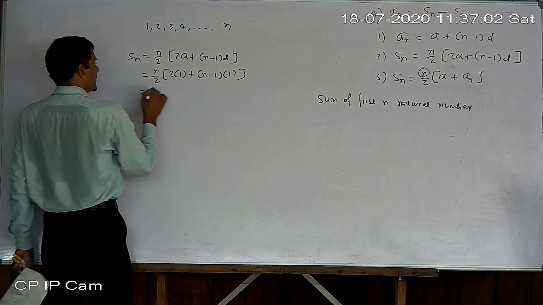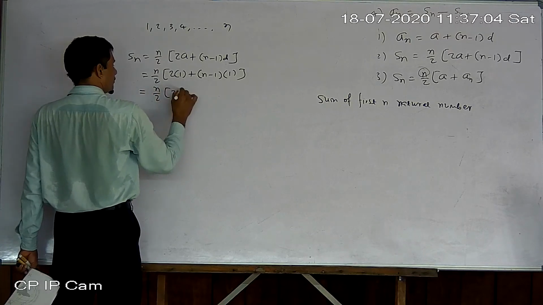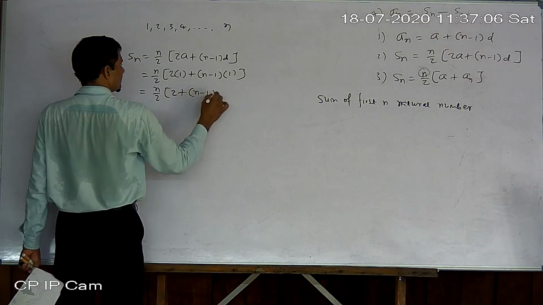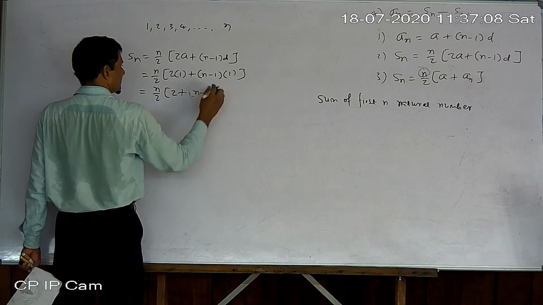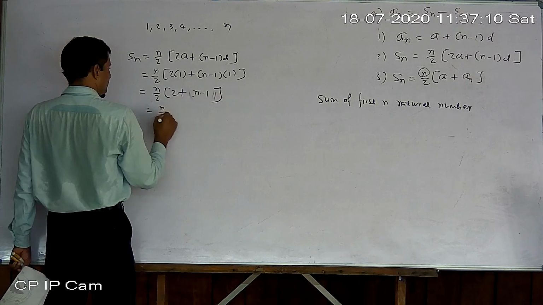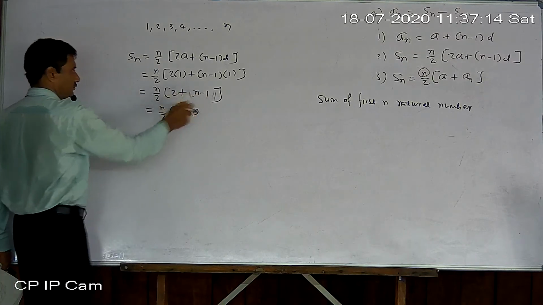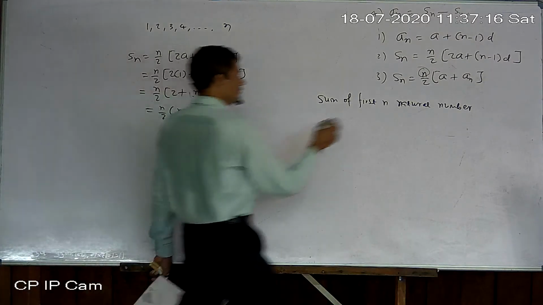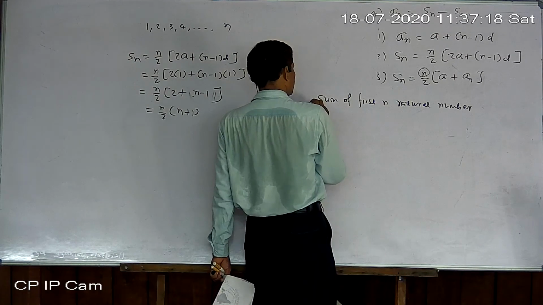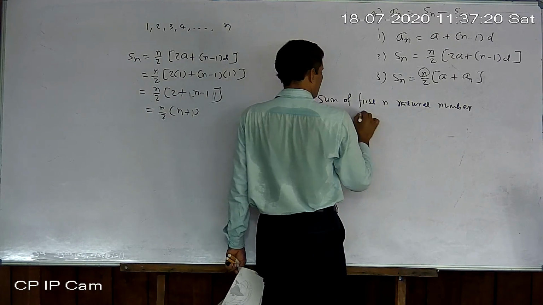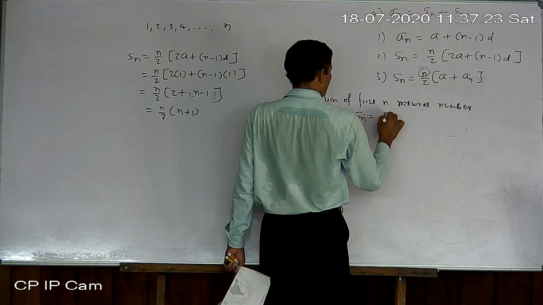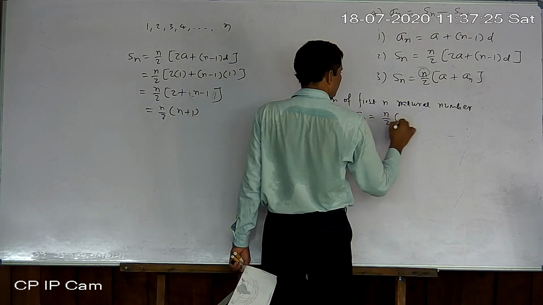So it will be n by 2 times 2 plus n minus 1. Now n by 2, and here n plus 1, since 2 plus n minus 1 is n plus 1. Okay, so the sum of the first n natural numbers will be n by 2 times n plus 1.